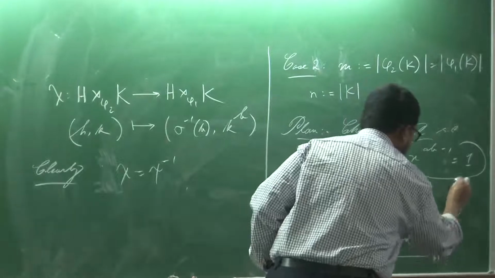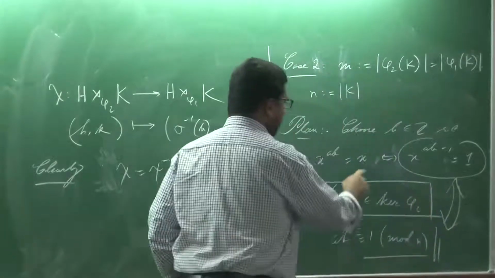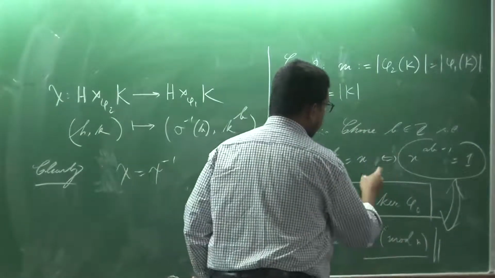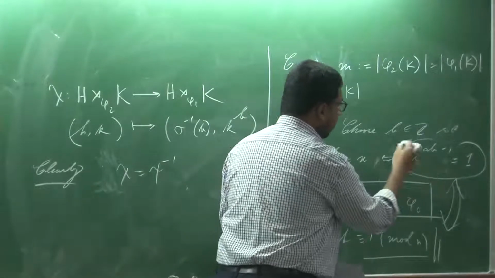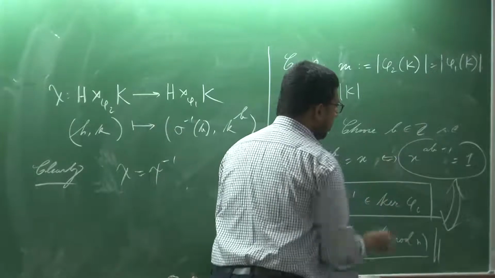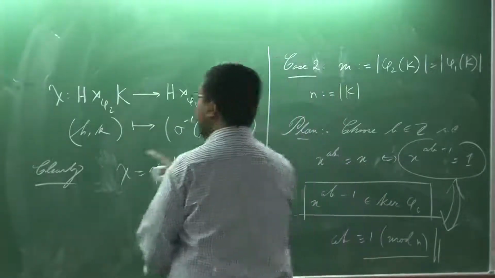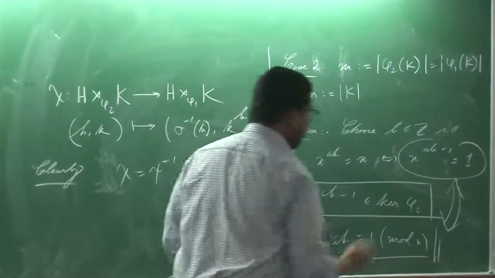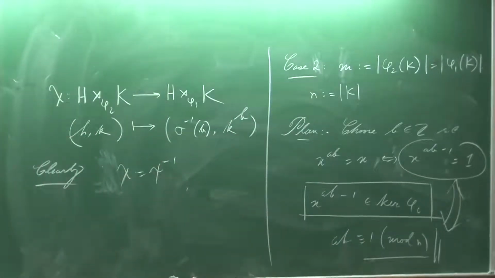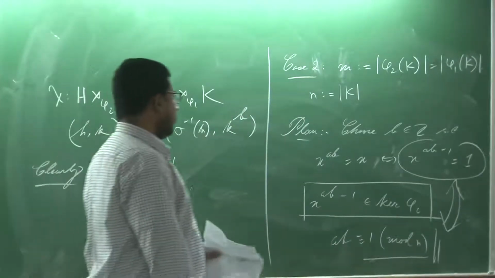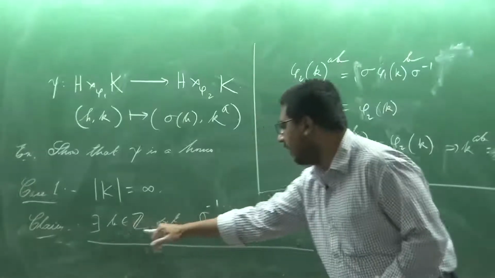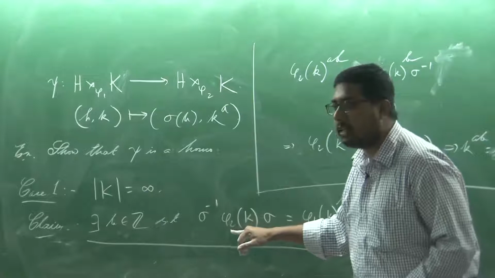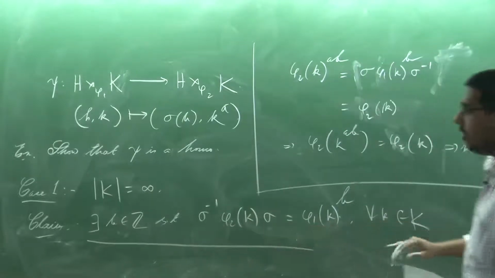So again let me repeat. You want to choose a b for which this happens. That means the choice of b will be such that for the previous a, ab will be congruent to 1 modulo n. When we started with b, at that point we did not know whether ab is congruent to 1 modulo n or not.